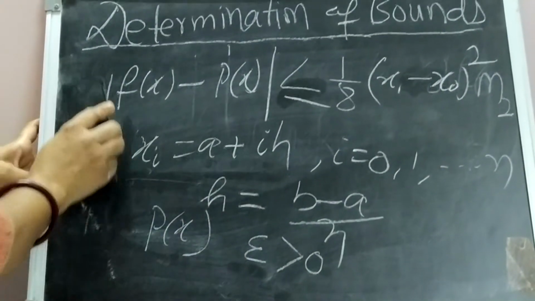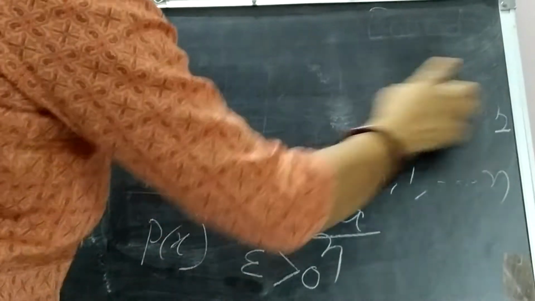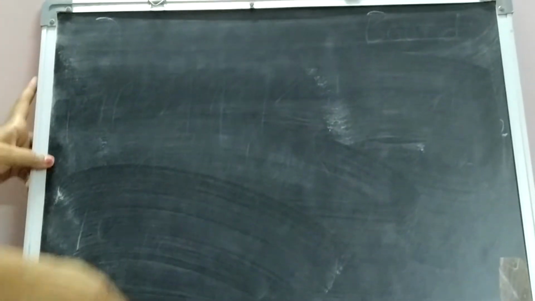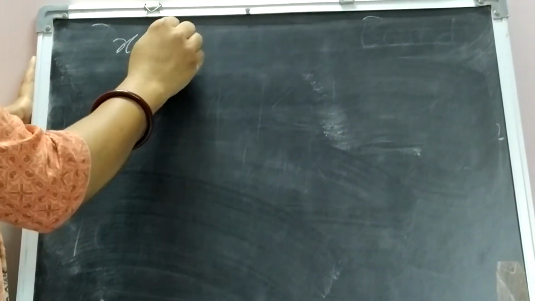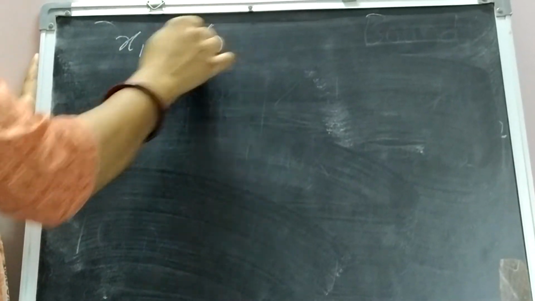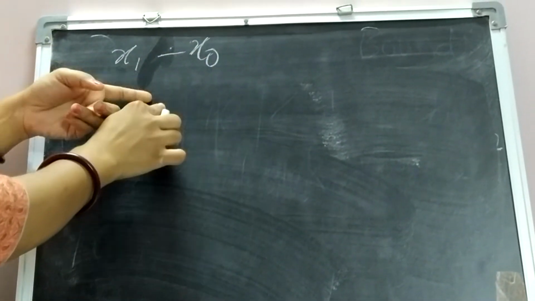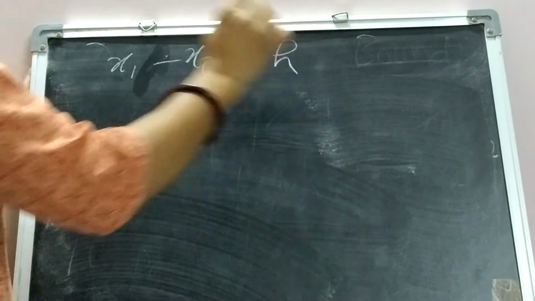So in our case, what is happening here: x1 minus x0, which is b minus a with n equal to 1, will be equal to h.